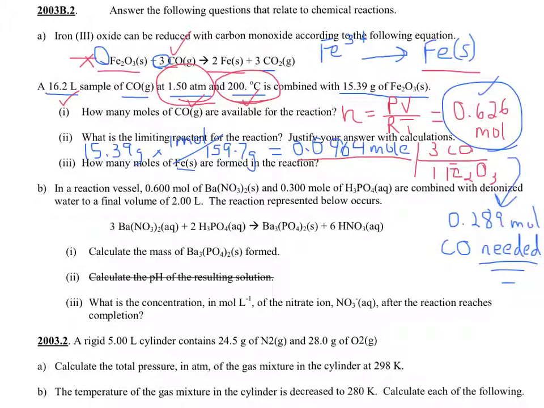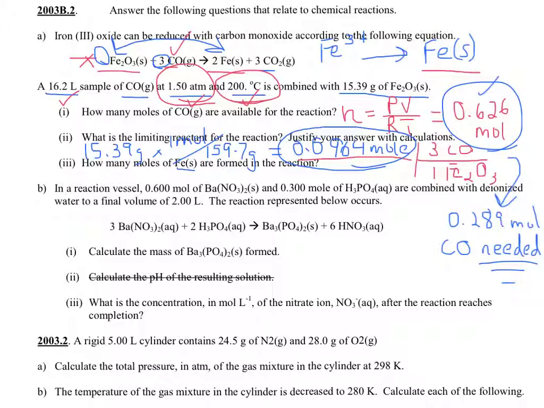We use our limiting reactant, which is the 0.0964 mole of the iron(III) oxide, and we use the 2-to-1 mole ratio of those two substances.